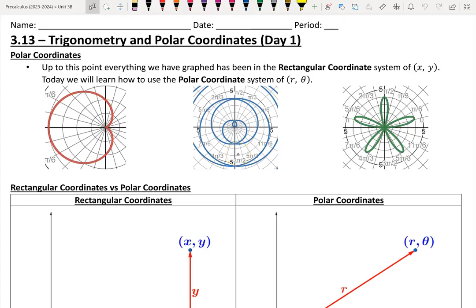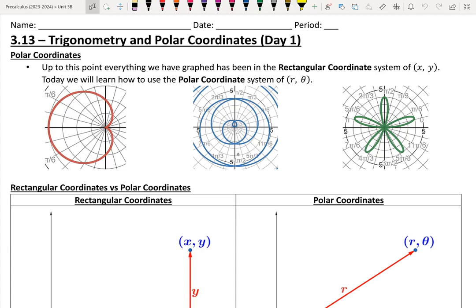So today in 3.13, we're actually starting something a little bit different. We're going to change gears a little bit, and we're going to be looking at what are called polar coordinates and polar functions.